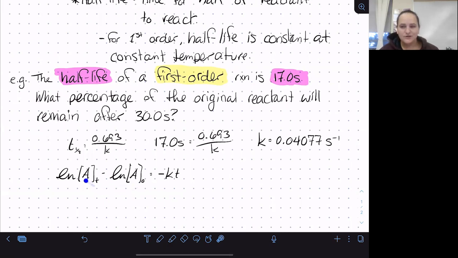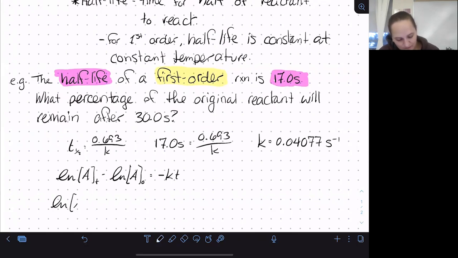So these concentrations can really be any ratio. So if initially we start with all of our reactant, we can call that 100%.